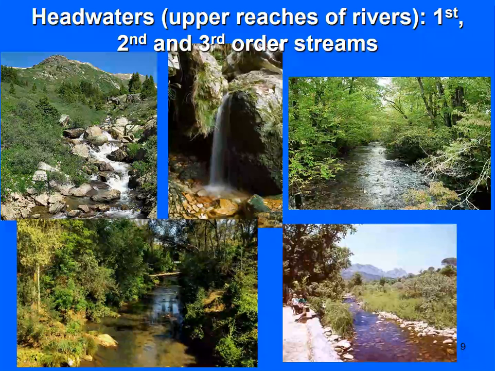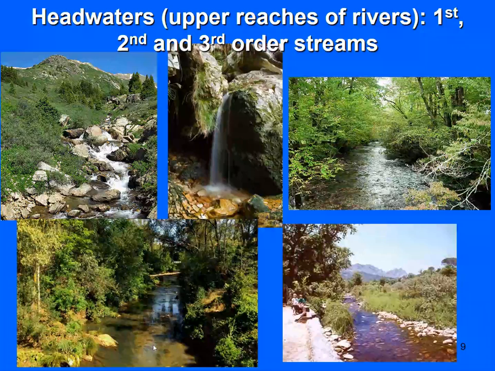If it wasn't for the trees and vegetation on the banks of the streams, then this part of the river, these streams, would not be able to sustain any type of food chains, because they wouldn't have any source of energy and nutrients.